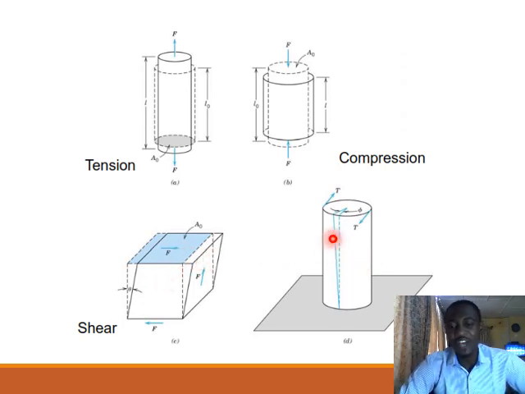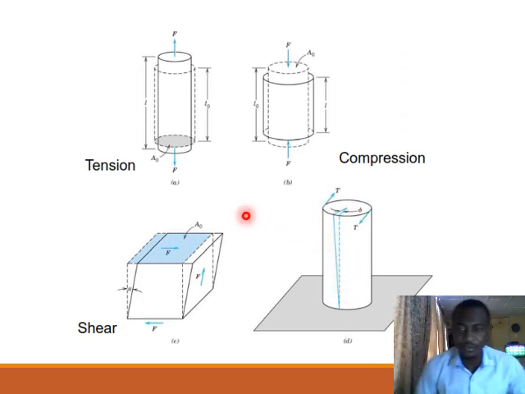And then for torsional loading, this is more of a twist. This is like you're applying a load through a form of circular load that will cause a twist. Now you see all of these loading conditions are applicable differently in different engineering applications.